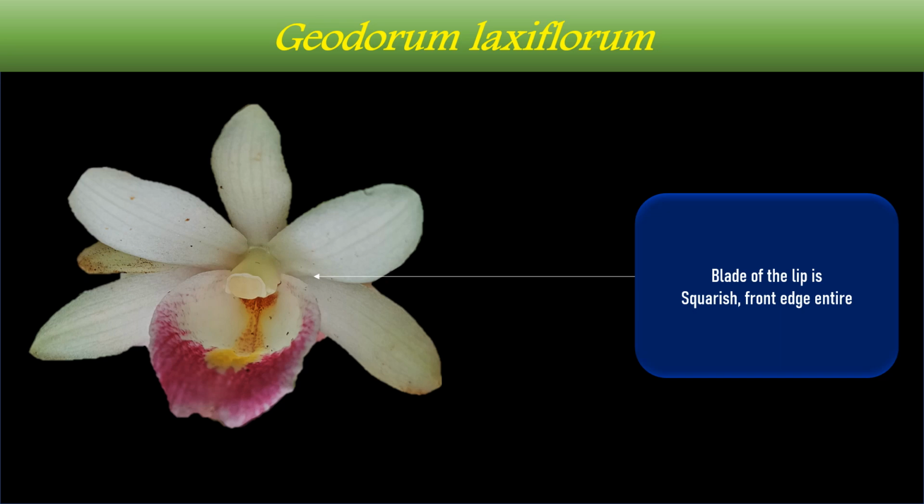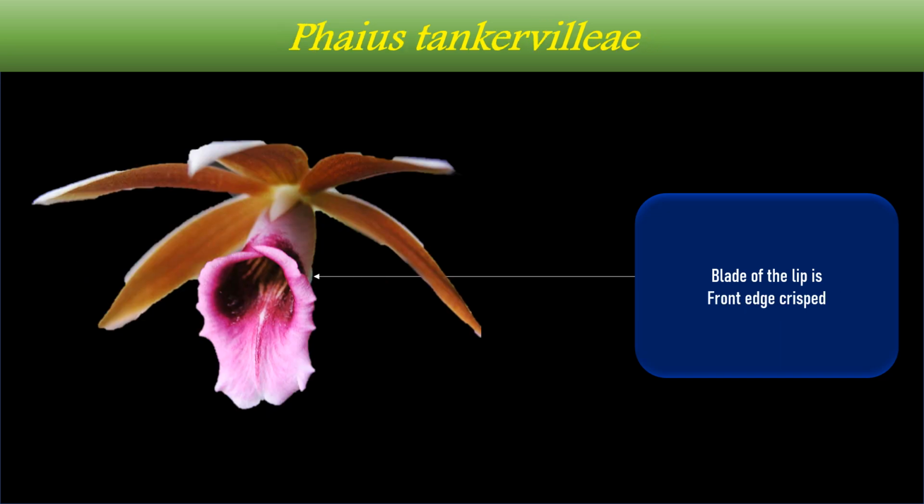You can see the front edge is totally entire, and it has pinkish, whitish and yellowish color variation, so you can distinguish this. So we will move to our next orchid.